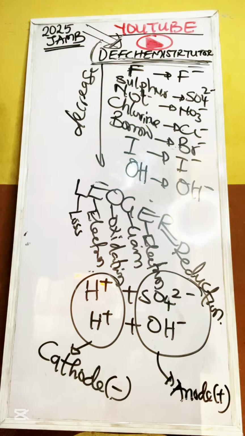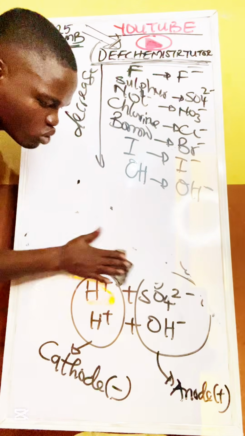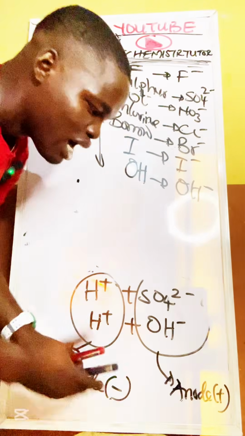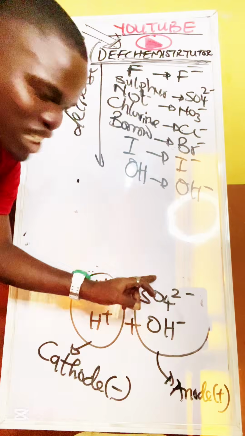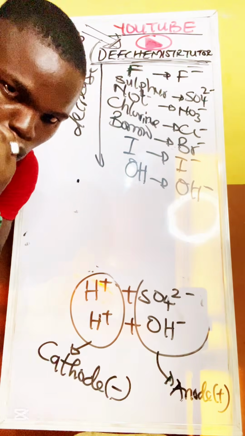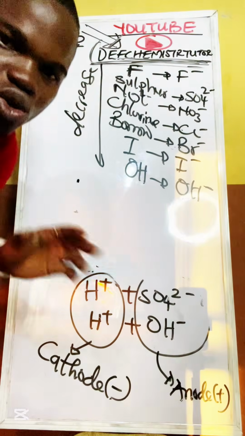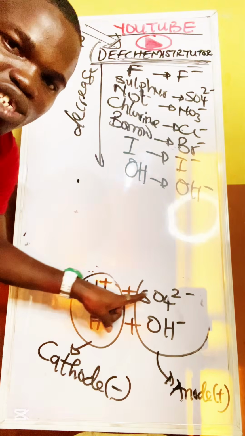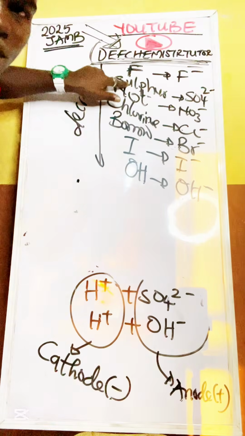Now let's come here. Just like I said, which one will be discharged? Now look at it. I'm the guy, abi. And I want to date one of these girls. Okay, and I check their series. This is where I can determine which girl to date. After checking their series, I realized that SO4 2 minus has more money.